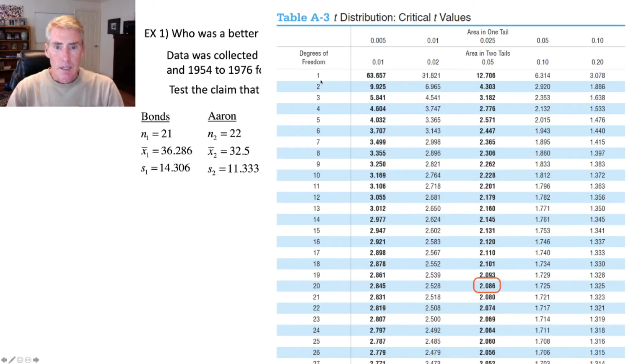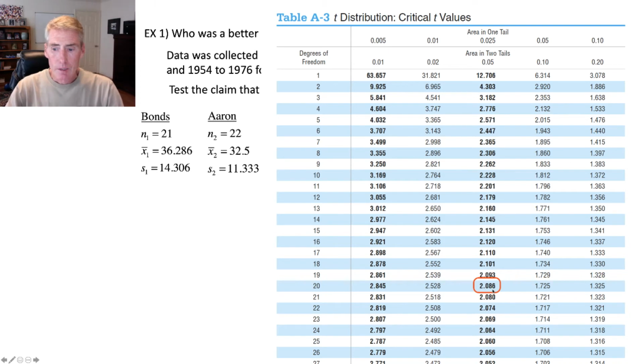So with the degrees of freedom, for Bonds, it would be 20. For Hank Aaron, it would be 21. And the rule is you use the smaller of the two degrees of freedom. So the smaller one would be Bonds at 20. So go to this row 20 right here. And I'm going to be using 0.05 and it's two tails, so I use this middle column.